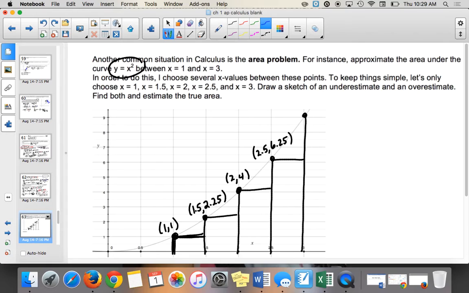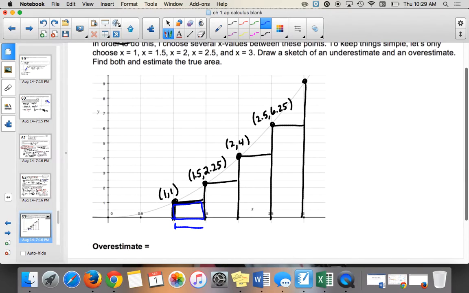If I talk about the area of this first rectangle, it's going to be the base times the height. How big is this distance down here? It's 0.5, right? So we're going to have 0.5 times 1. And then the next one's going to be 0.5 times 2.25. Does that make sense? We're going to add all these together.